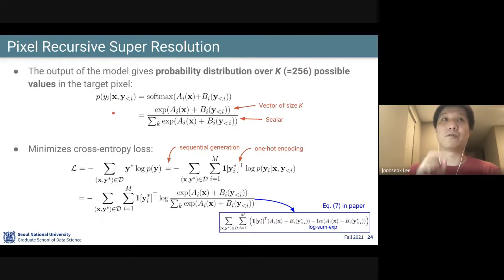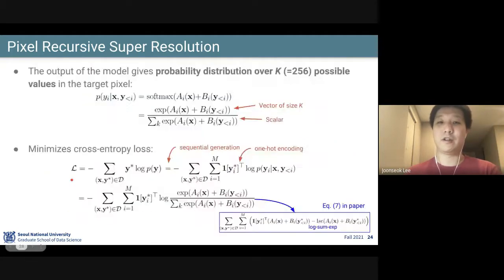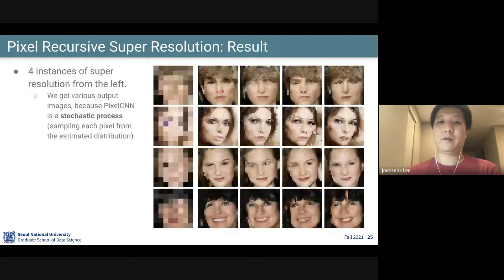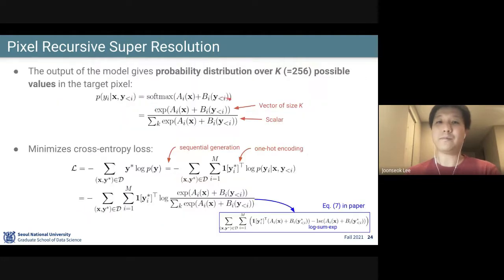X is the low resolution image, and y is the predicted image so far, before i. And that is based on the softmax of model A, which is this part, the conditioning network taking x as input, plus B of y, which is this part, the prior network B using y less than i. So it's determined by that, right?